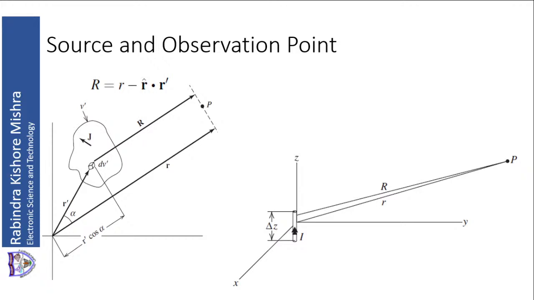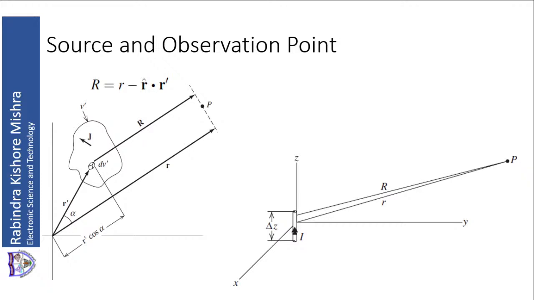Since the angle is alpha and the hypotenuse is r dash, the base will be r dash cos alpha. So from the origin it is at a distance r dash cos alpha, and we can say that small r is equal to capital R plus r dash cos alpha.